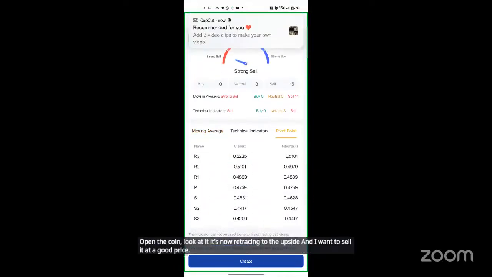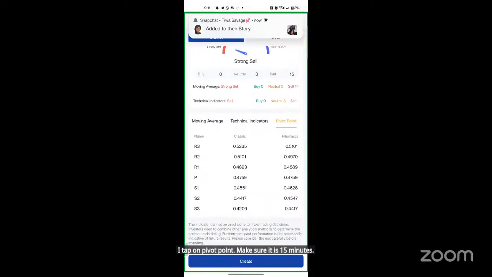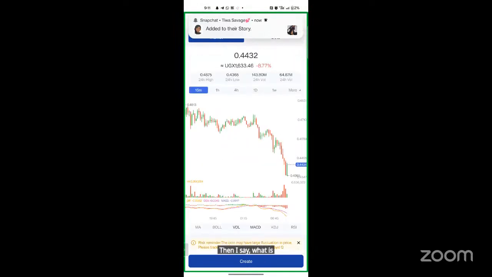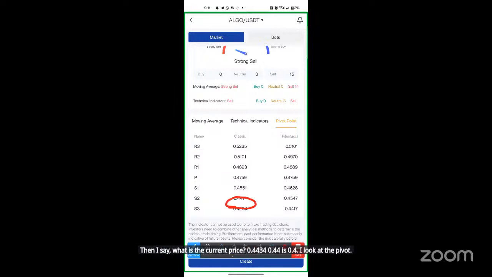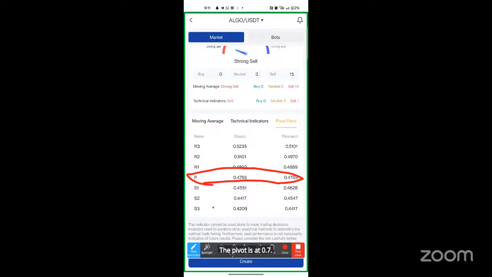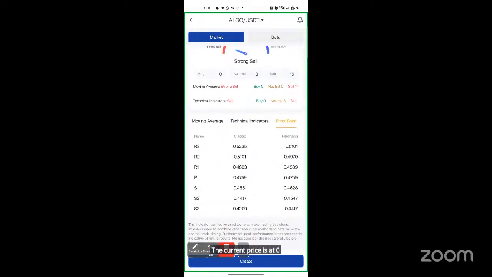I tap on pivot point, make sure it is 15 minutes. Then I say, what is the current price? 0.4434. I look at the pivot. The pivot is at 0.4759. The current price is at 0.44. It means it is very low.